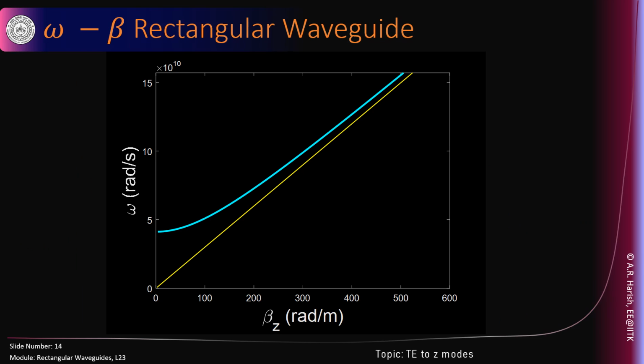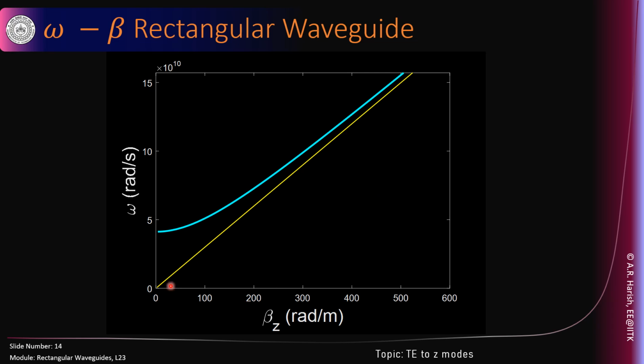If I were to plot omega versus beta, called the omega-beta diagram, this yellow line represents the omega-beta diagram for a TEM mode, because for a TEM mode, beta is equal to omega times square root of mu epsilon. The slope of this line will give me the velocity of that wave in the intrinsic medium. But for a rectangular waveguide, we see the cyan colored trace.